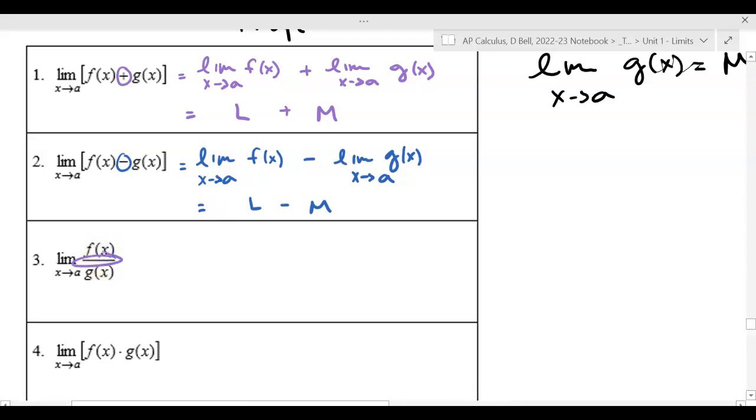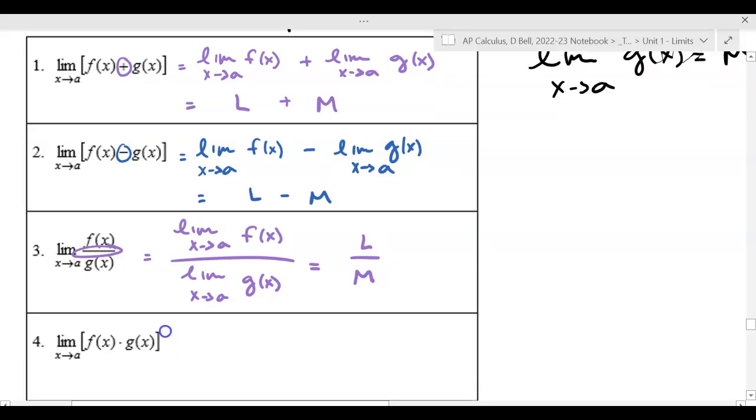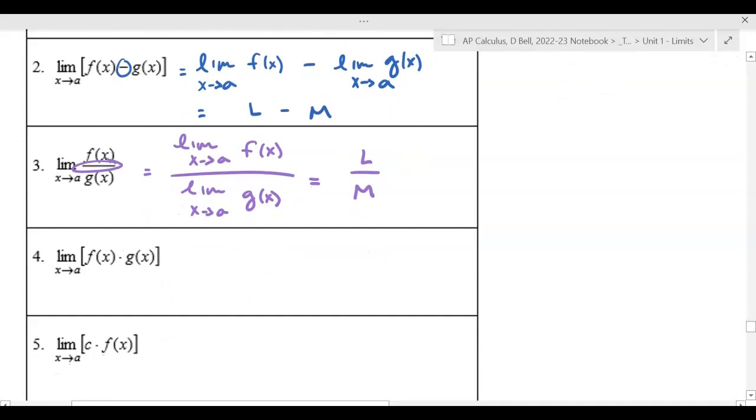We're going to break it up at division, or rewrite it with a limit at the top divided by a limit at the bottom. So this would be L divided by M. So we find the limits separately, then do the operation.